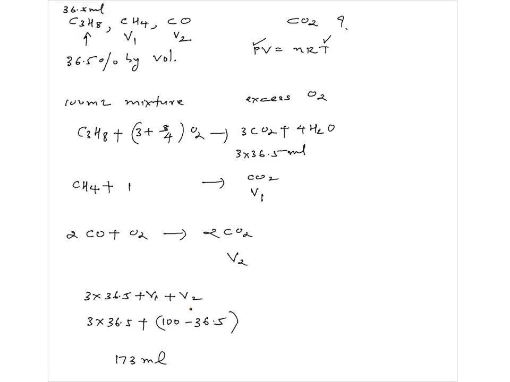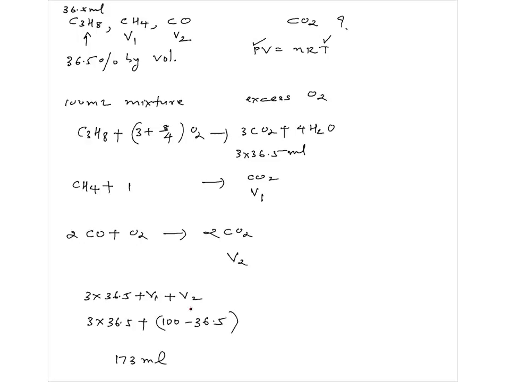Now V1 and V2 are not known, but the good news is that you don't need to know V1 and V2 individually. You just need to know V1 plus V2. Can you tell me how much is V1 plus V2? C3H8 is 36.5. Total is 100.